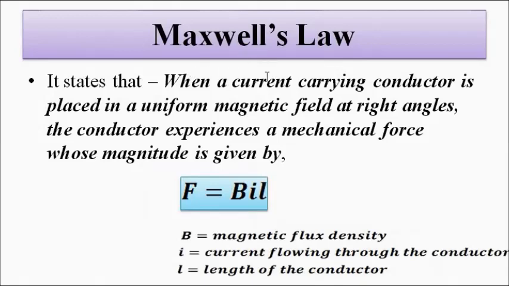Another one is Maxwell's law, which states that when a current carrying conductor is placed in a magnetic field at right angles, the conductor experiences a mechanical force which causes it to move or rotate, and the magnitude of that force is given by BIL, where B is the magnetic flux density, I is the current flowing through the conductor, and L is the length of the conductor.